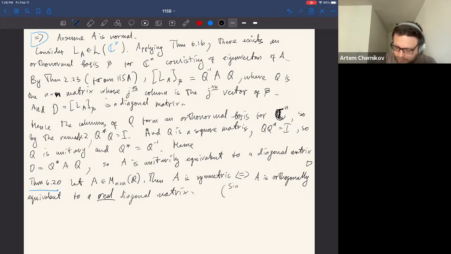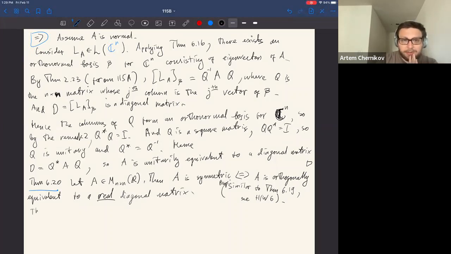The proof is similar to the previous theorem, theorem 619, but the task here is, instead of using the characterization of normal operators, to use the corresponding results for real inner product spaces. See homework 6.